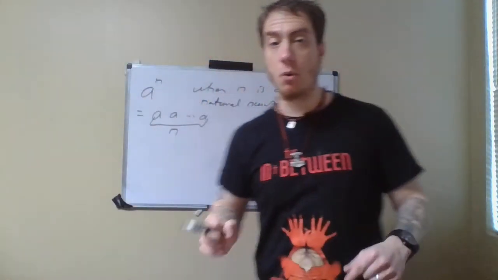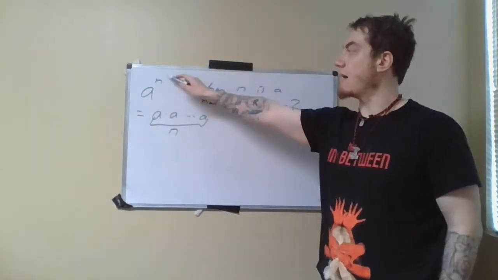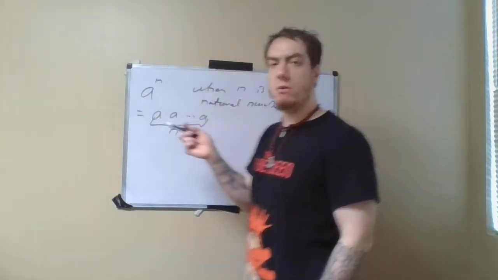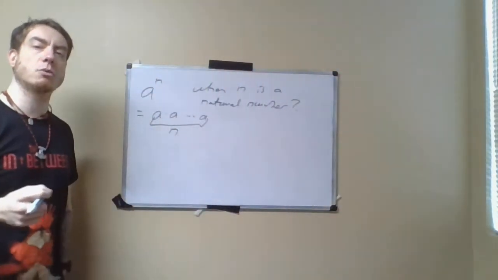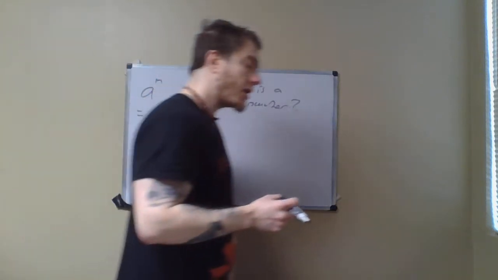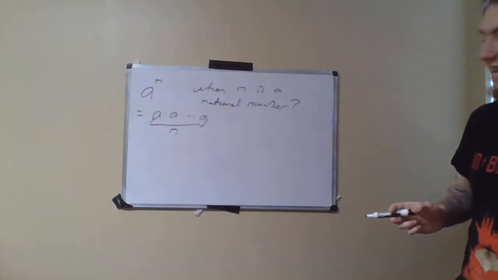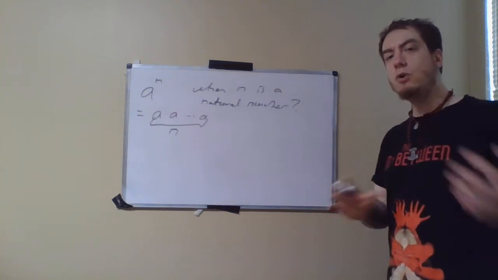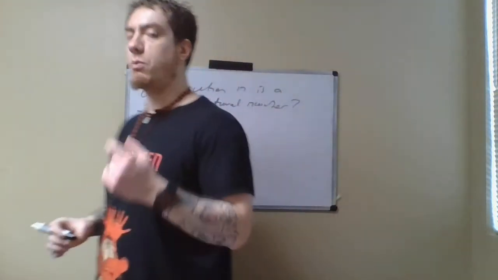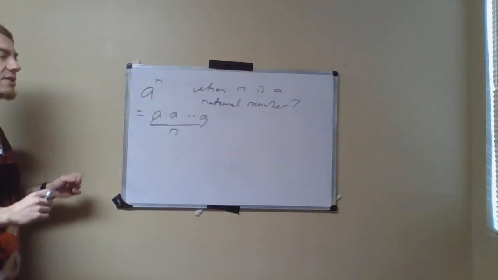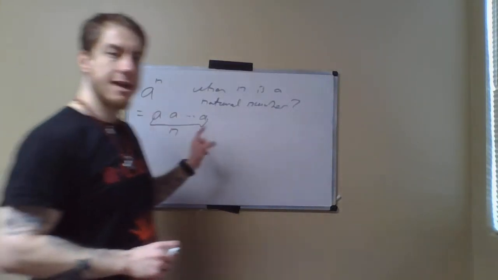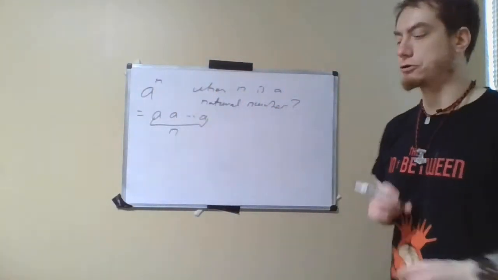And that's great, but it only defines the exponent operation if the exponent happens to be a natural number. So what do we do if it's not just a natural number? What if it's something else? Well, the answer is, in one sense, we could define it in a bunch of different ways, but we want to define it in a way that is useful and that preserves what's nice about this operation for natural numbers.